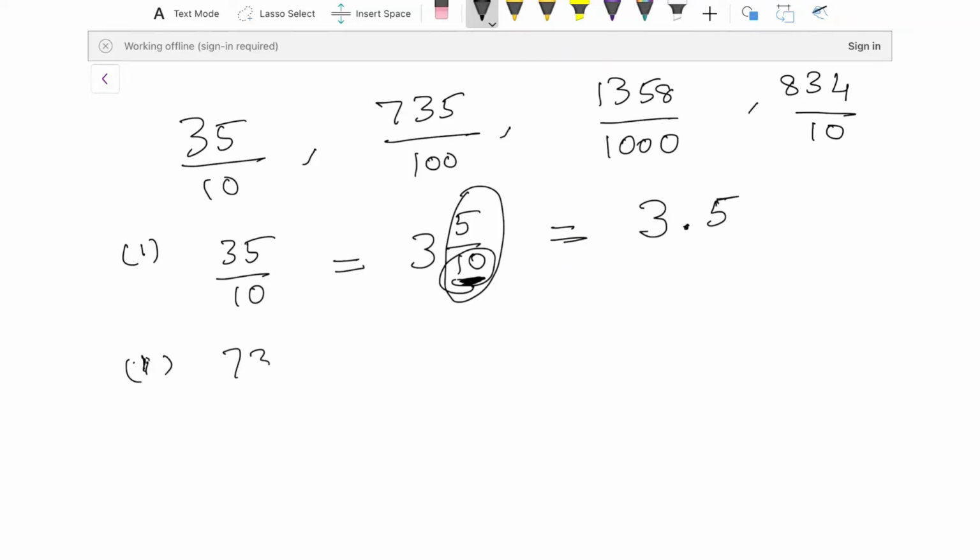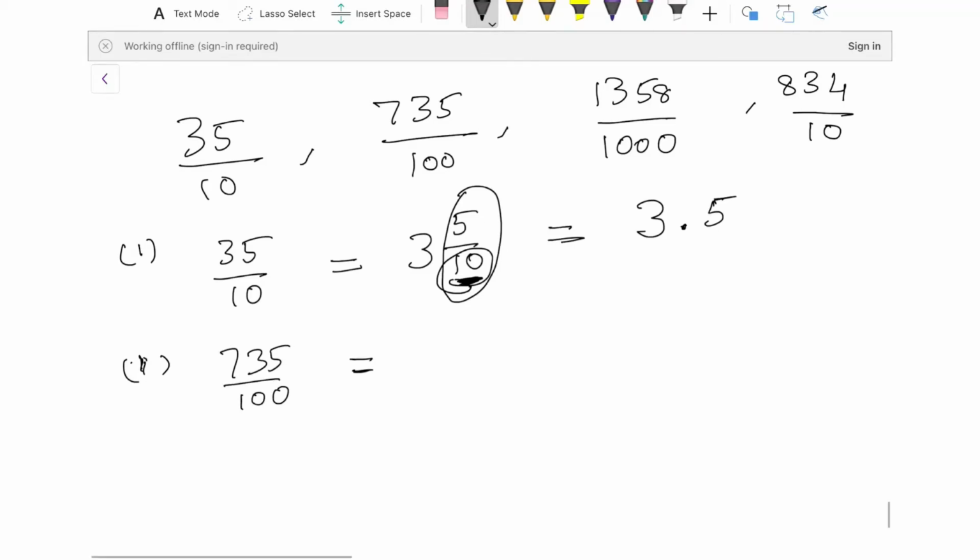How about 735 by 100? This is an improper fraction. If you have to make it a mixed fraction, you write it as 7 and 35 by 100. And this has 100 in the denominator, so you will have 2 decimal places. So it is 7, the whole number part, 0.35. Very good.